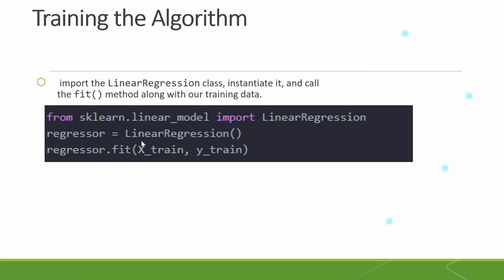Okay, I have to pass two attributes, x underscore train, y underscore train. These are the attributes that we have already received in splitting the data. So remember, fit is the method to train the linear regression model. So you have to call with the variable regressor dot fit and you have to pass x train comma y train.